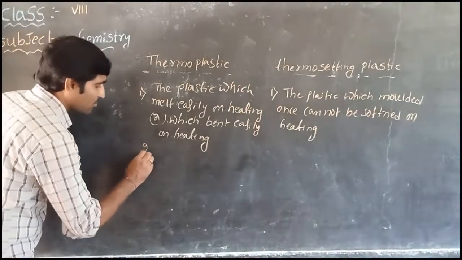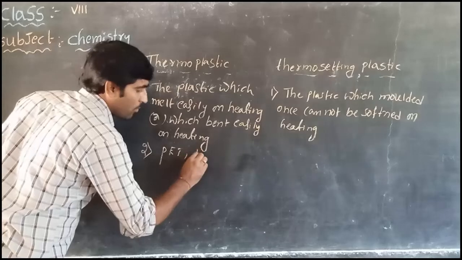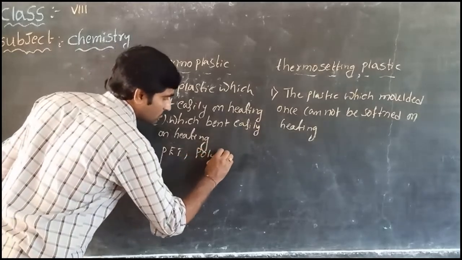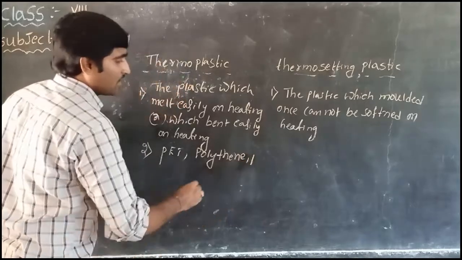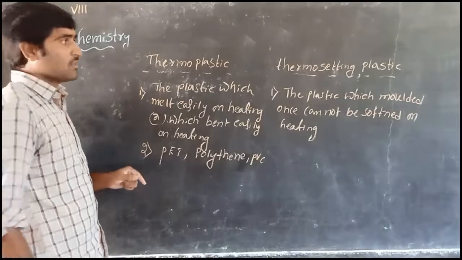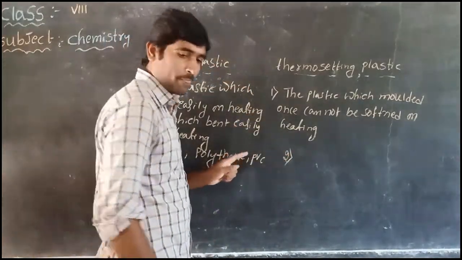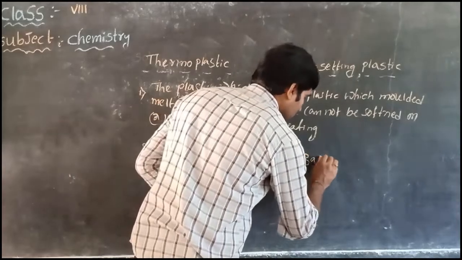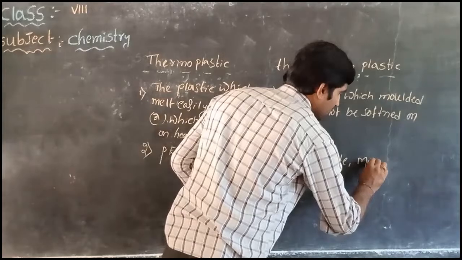The best examples for thermoplastic are PET bottles, polythene, PVC. The best two examples of thermostatic plastic are bakelite and melamine.